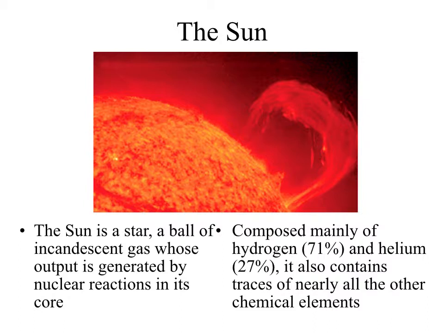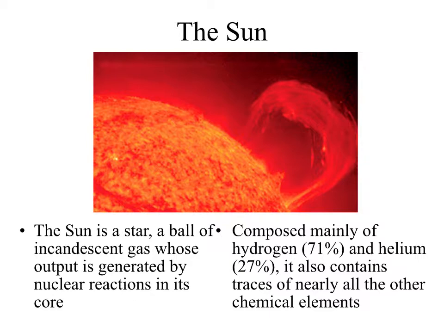The sun is really a star, a ball of incandescent gas whose output is generated by nuclear reaction in its core. Later on, we will study this in greater detail. The sun is composed mainly of hydrogen.